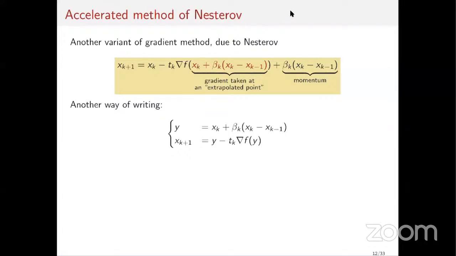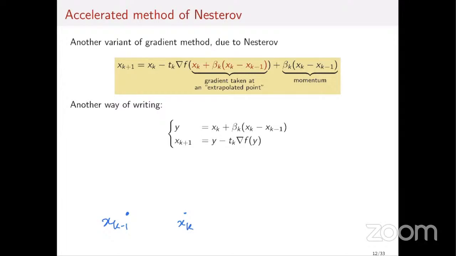Okay, so let me draw a simple picture. Really, what's happening in this method of Nesterov is, let's say you have xk minus 1, this is your iterate at k minus 1, and this is your iterate xk.